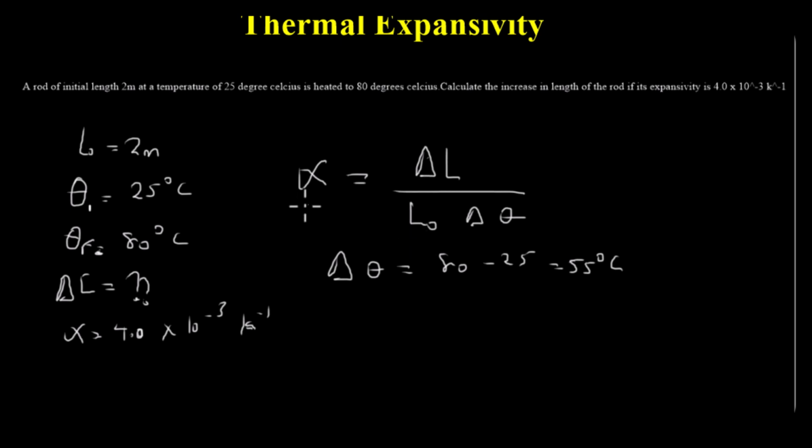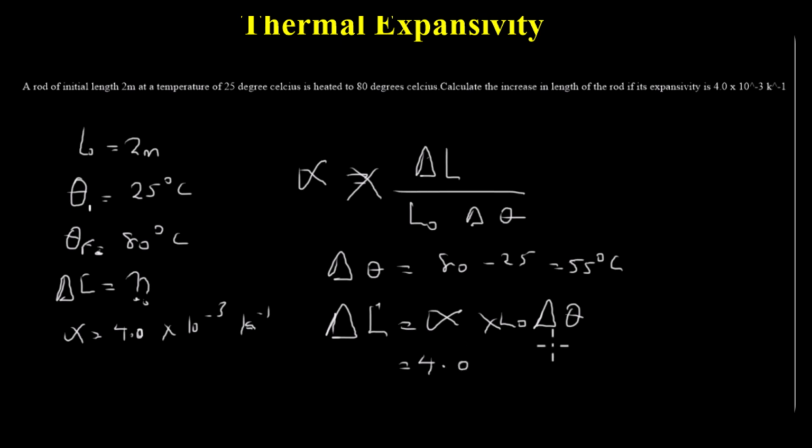We're looking for the change in length. We know our linear expansivity. So we can simply cross multiply. So change in length becomes alpha times L naught times change in temperature. So now we can input our values: 4.0 times 10 to a power of negative 3 multiplied by the initial length, 2 meters, then multiplied by 55.